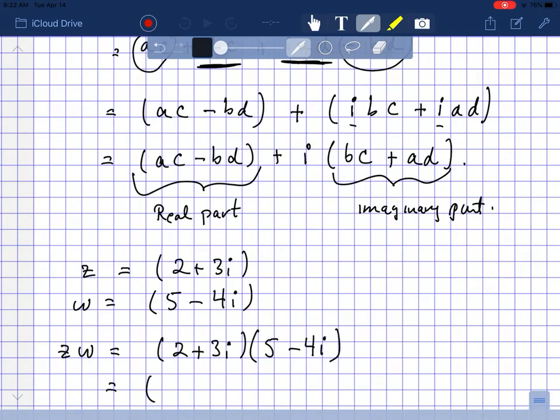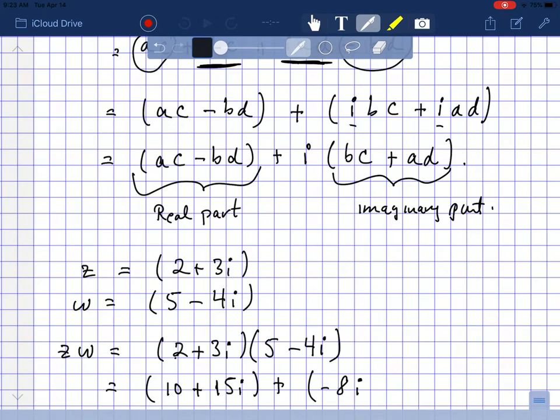And this is equal to, well, it's going to be 2 times 5, which is 10, plus 3i times 5, which is 15i. Plus, then I have 2 times negative 4i, so this is minus 8i, plus 3i times negative 4i.